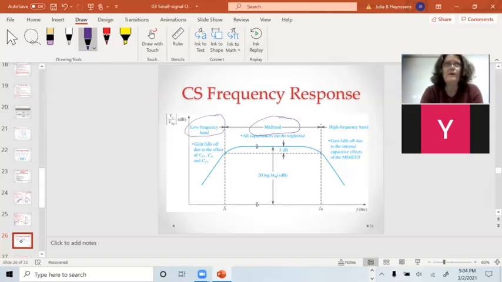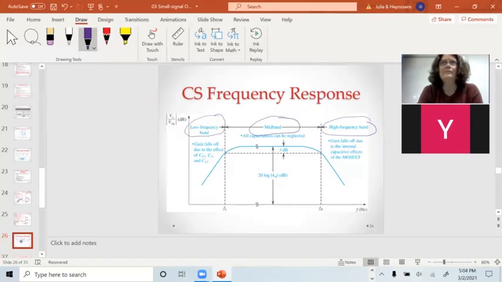Those are desirable. They're DC blocking. They help us. The real problem with MOSFETs is that the internal capacitances of the MOSFET cause the gain to roll off at higher frequencies. So there's a limit to how fast you can run a MOSFET.